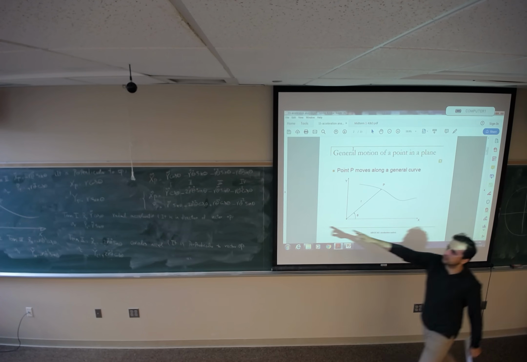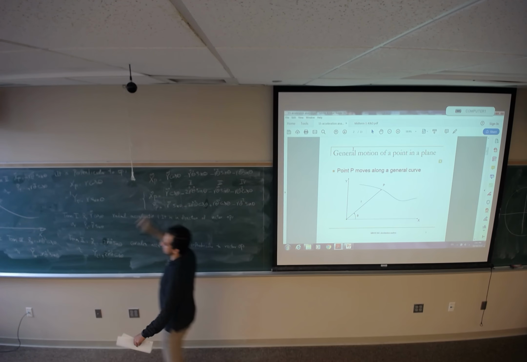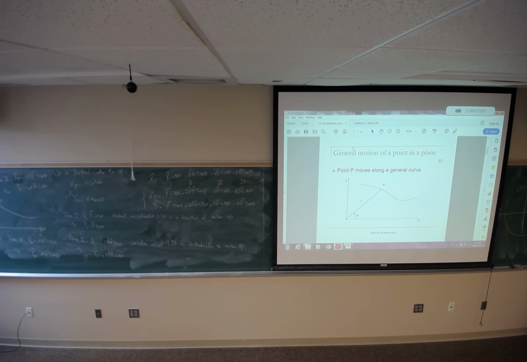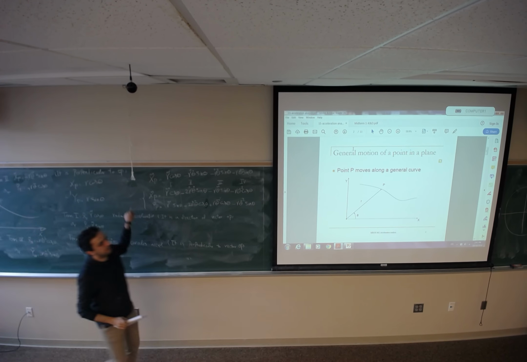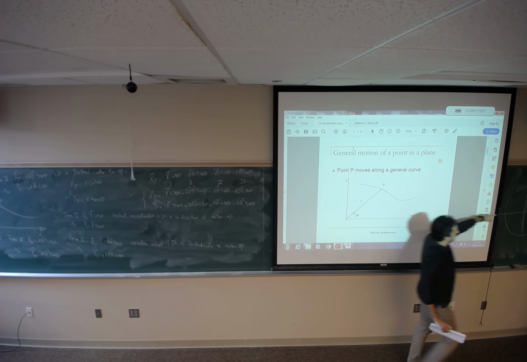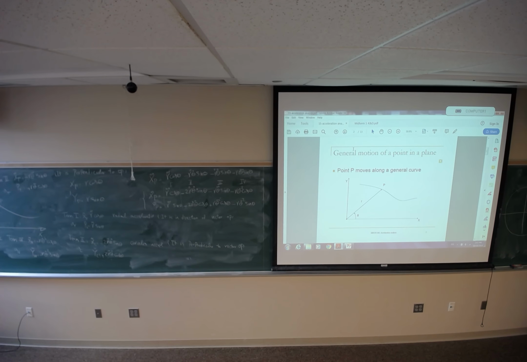Which terms of acceleration are going to show up in this problem? If this curve changes to a circular path with constant omega, which terms of the acceleration are going to show up?